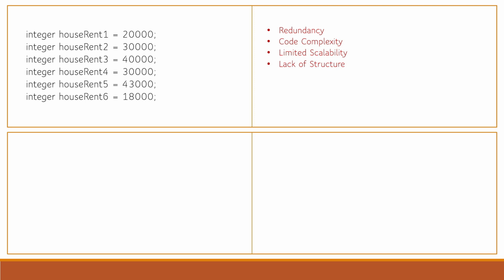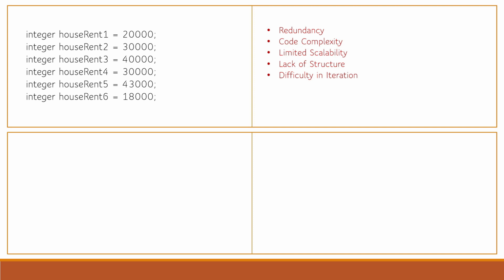The data is not organized in a unified structure. This can make it harder to maintain a logical and consistent representation of the data. So without a data structure, iterating over the data to perform operations on each element becomes more complex.